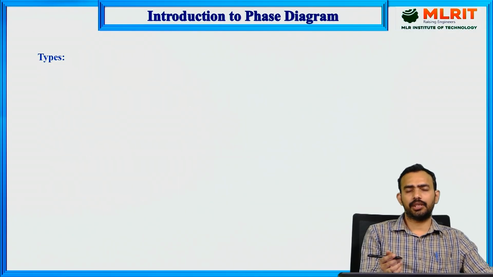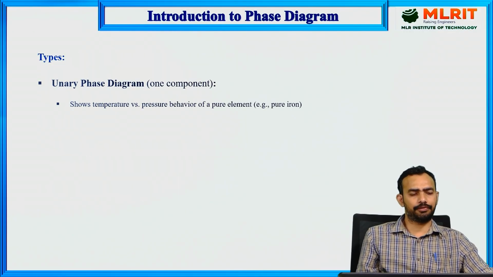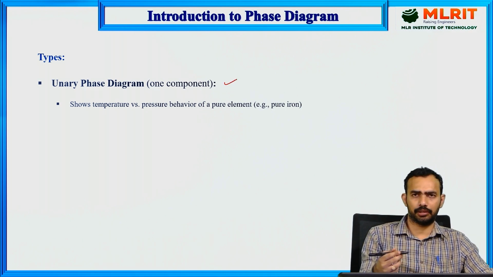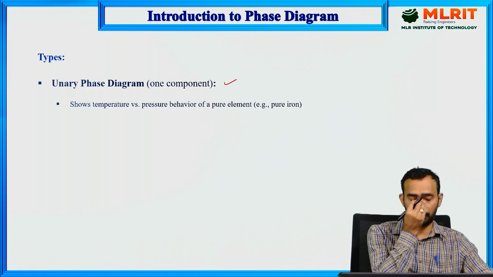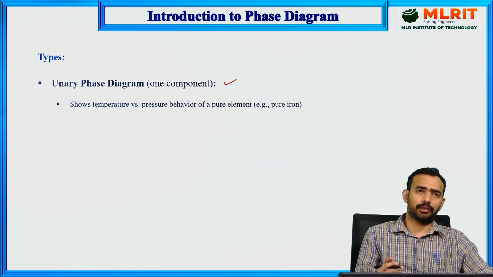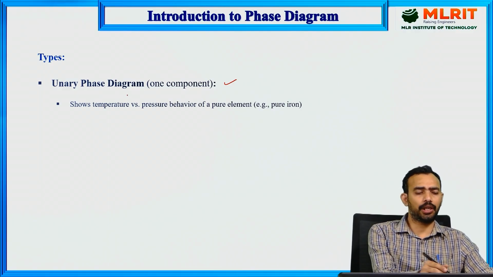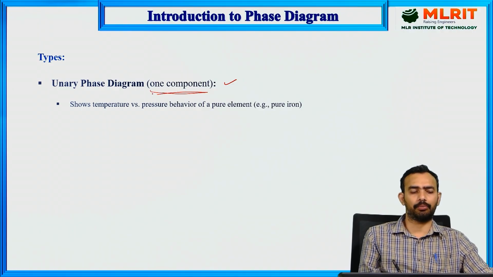Next, let us see the different types of phase diagram. Depending on the number of components, we have three varieties of phase diagrams. The first one is a unary phase diagram, where we talk about only one component.